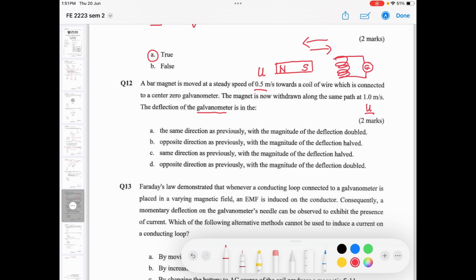So when it mentions same direction, this statement is not true. Opposite direction is correct, with the magnitude of the deflection half. So this one is lower than this one. When you move faster, the deflection will be greater. So the answer is D.